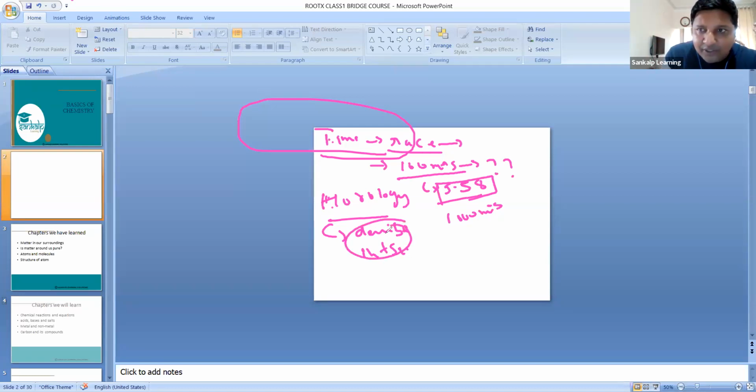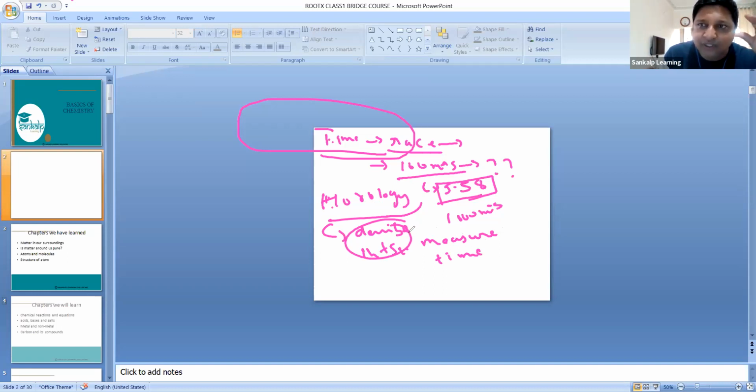So the ancient branch of study, horology, was used to study the devices which were helping us to measure the time.